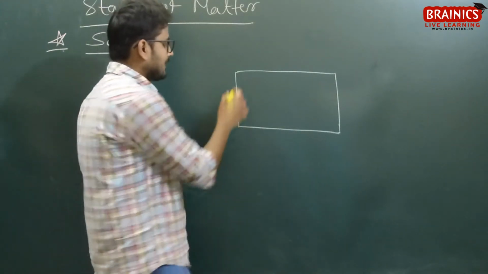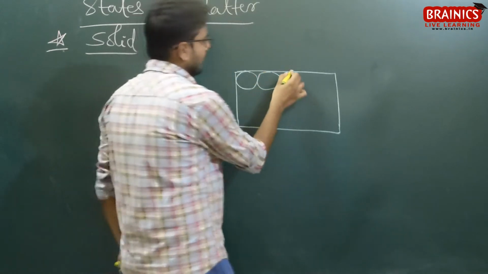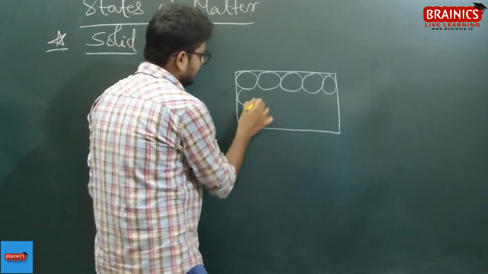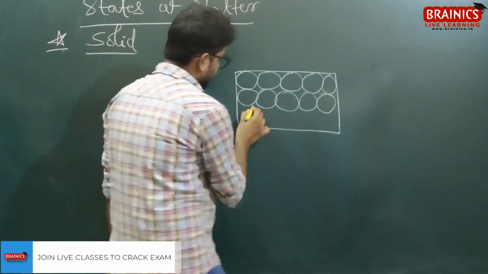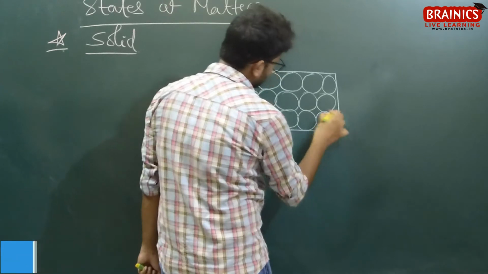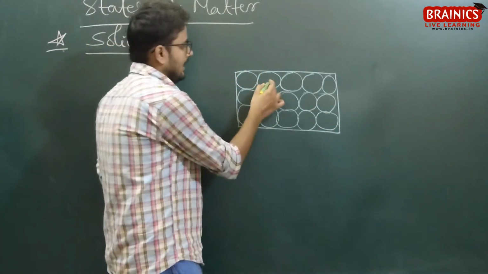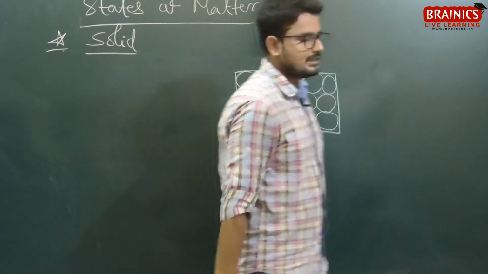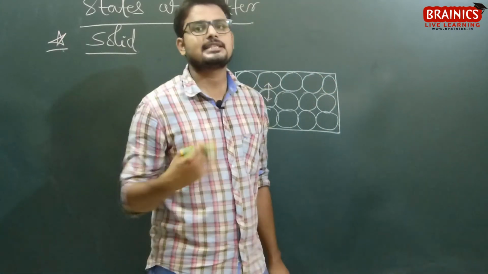So what is happening? The particles, the matter which I am trying to show here, suppose the particles are spherical in shape. They are compactly packed, and they attract each other with maximum force, with maximum intensity.